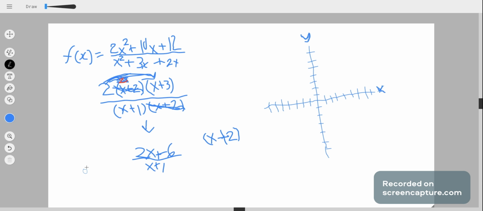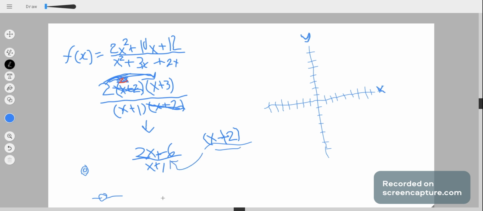Okay, it'll look something like this, and it's not actually a spot on the graph. Okay, it's a hole, like a hole in a piece of paper or a hole in a straight line. That would be this, and that's what we're looking for. And basically the way to find that is by substituting this common factor into this problem down here.